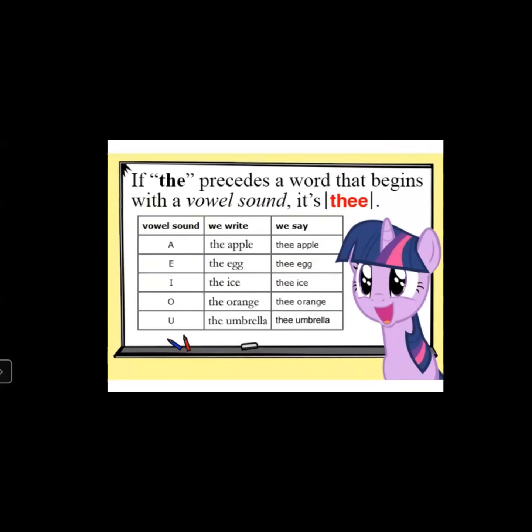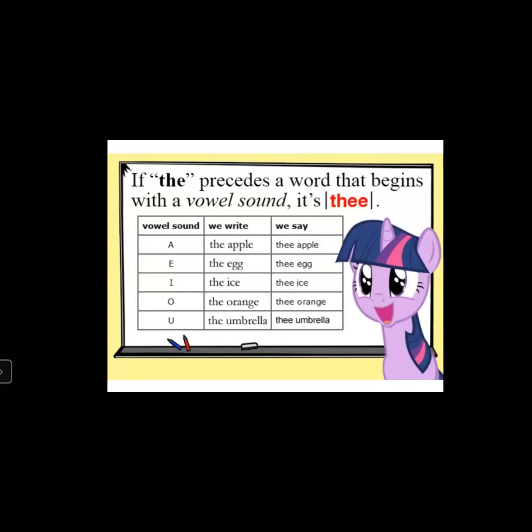For example, the sun. It is a unique word and we are using 'thuh'. But if it is a vowel sound, for example, apple. Now apple is a vowel sound. So we are writing it as THE, but while writing, you have to write it as THE.